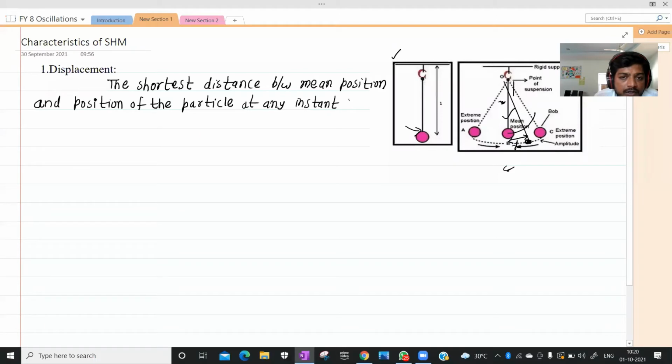So which is called what? Displacement. This is called displacement.